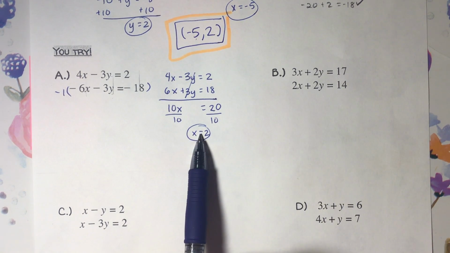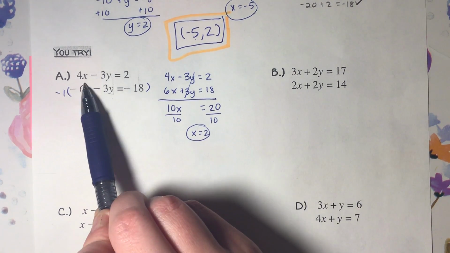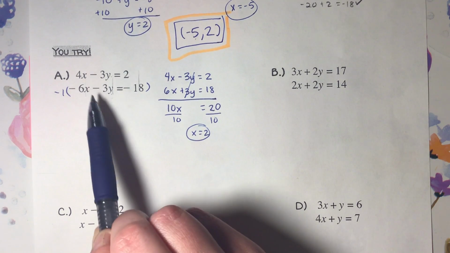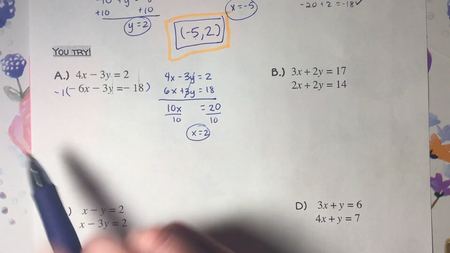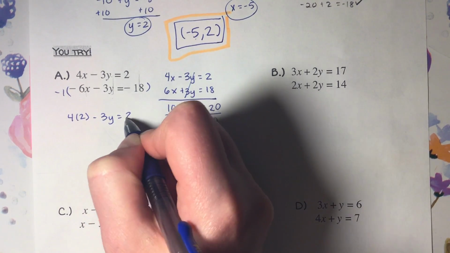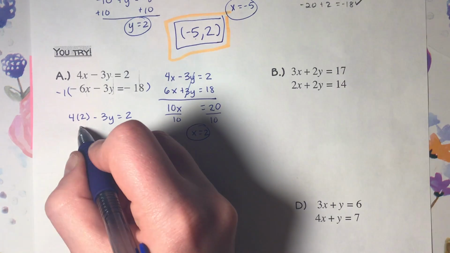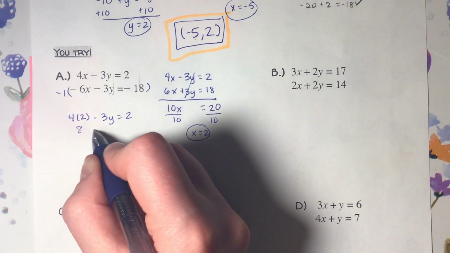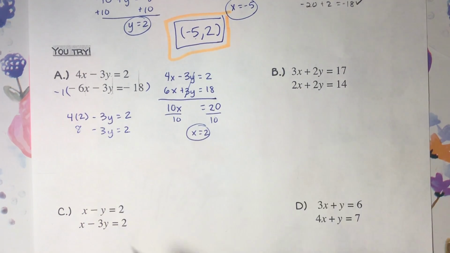This x equals 2 can then be stuck back into this top equation, because not only do I need x, I also need to know what y is. So this is 4 times 2 minus 3y is equal to 2. 4 times 2 is 8, so I have 8 minus 3y is equal to 2.